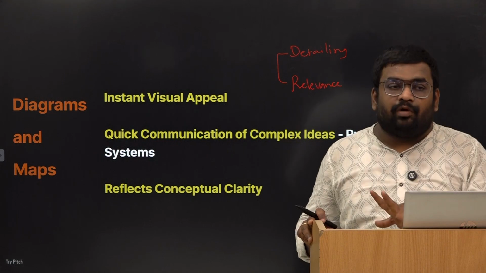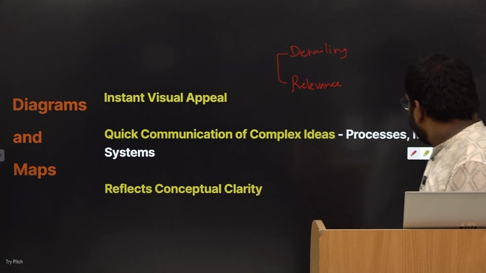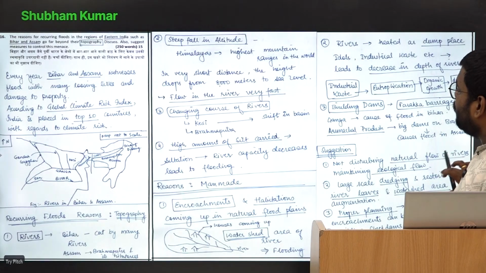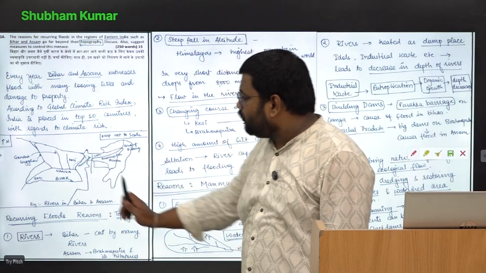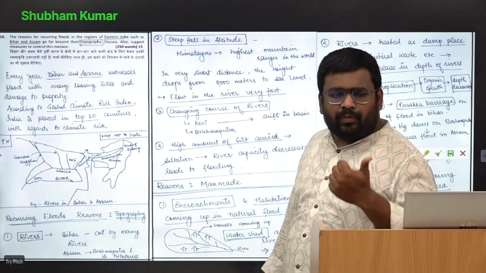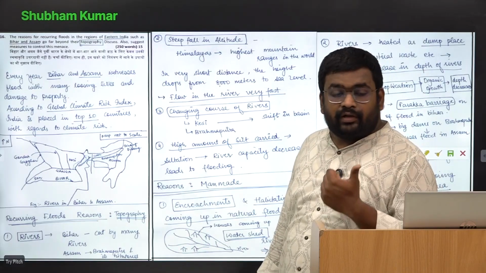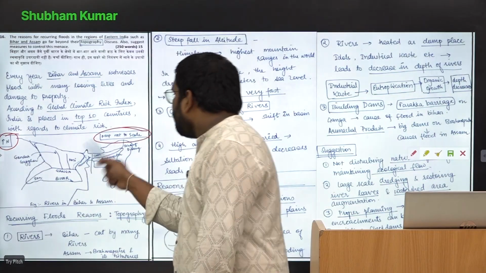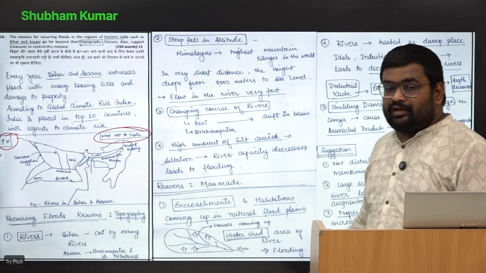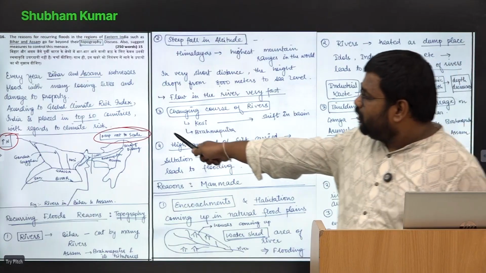Second, for diagrams also. If you see the map drawn by Shubham Kumar, see the level of detailing that he has brought. Again, two important aspects that you have to incorporate into your answers are showing the direction and writing 'map not to scale'. In each and every map, you have to write that.